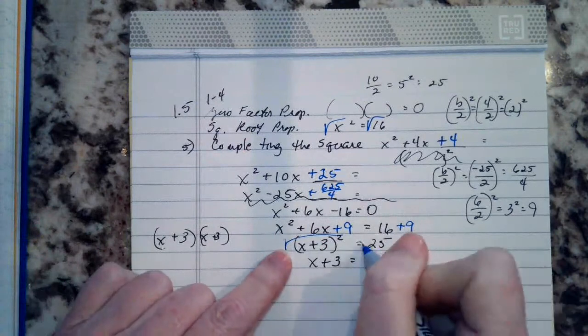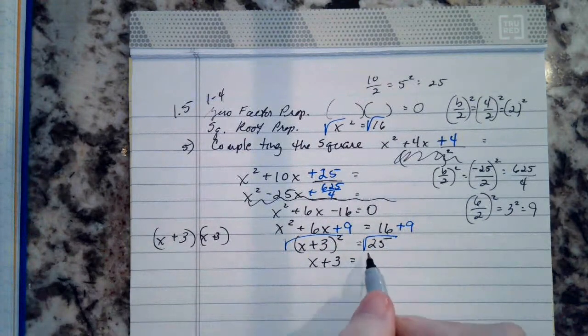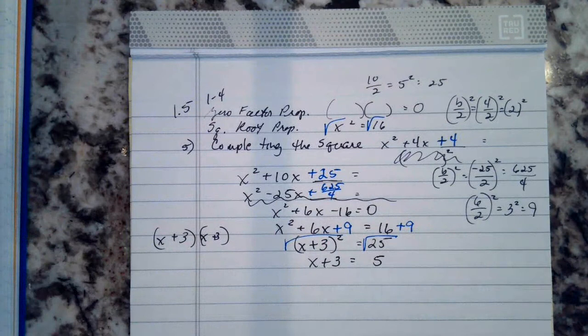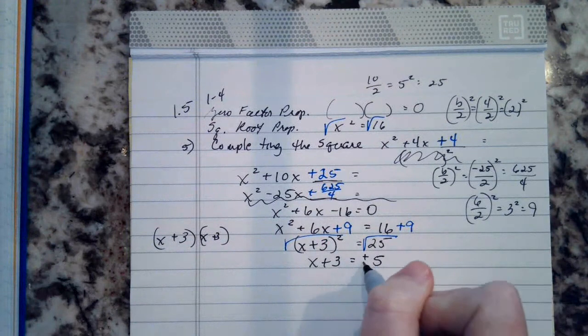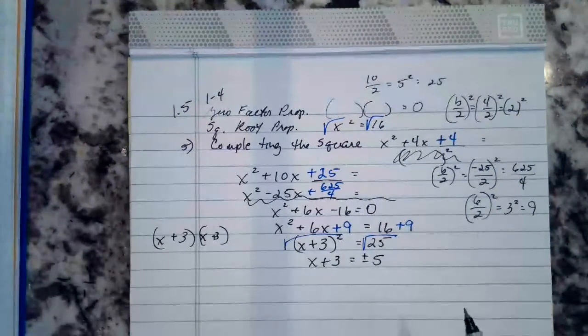If you take the square root of one side, you have to take the square root of both sides. You put the radical on, so it's not good enough to say the square root of 25 is 5. You have to also consider that the square root of 25 is negative 5, because positive 5 times positive 5 will give you 25, but negative 5 times negative 5 will give you 25 also.